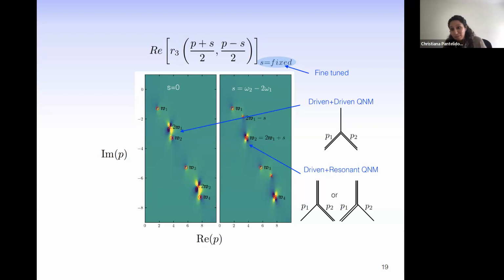That's why we call them driven. And the resonant quasi-normal mode is because you have to fine-tune your P1 and P2 such that the sum of the two actually corresponds to a quasi-normal mode frequency. So in that case, P1 and P2 resonate with each other to give you a quasi-normal mode. They come together, if you want. So this is the background for why we gave those names. There was nothing more mathematical. I totally understand. Okay. Thank you.